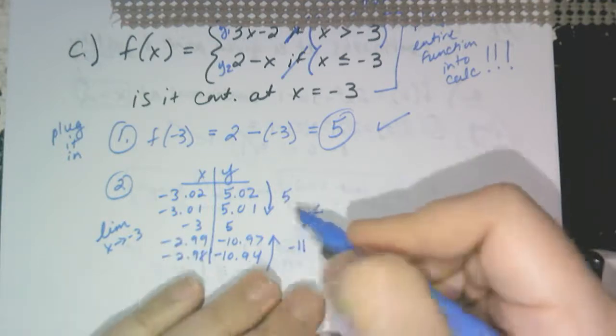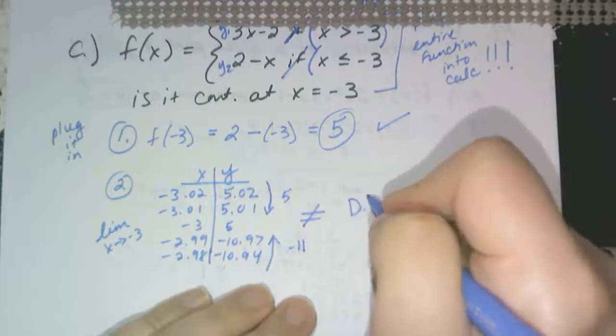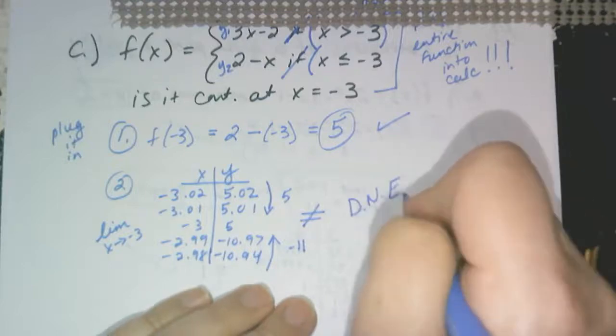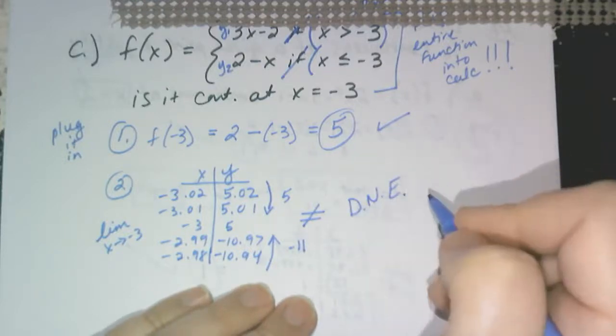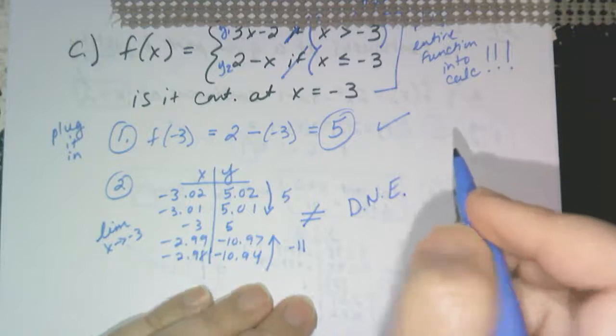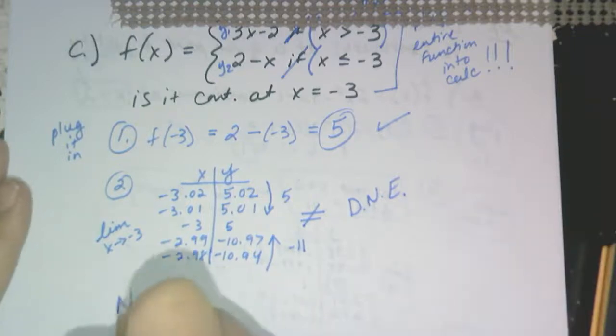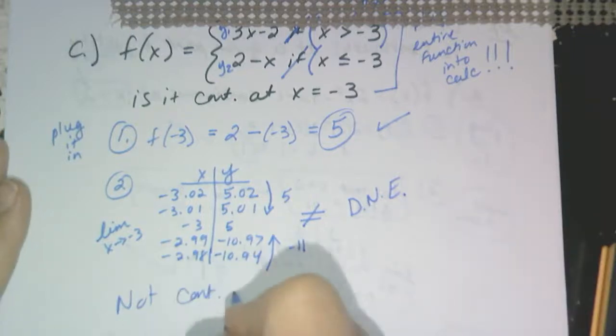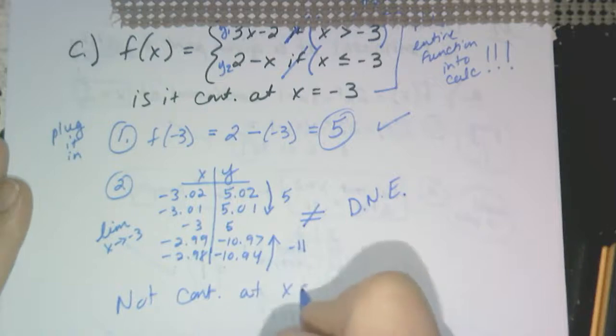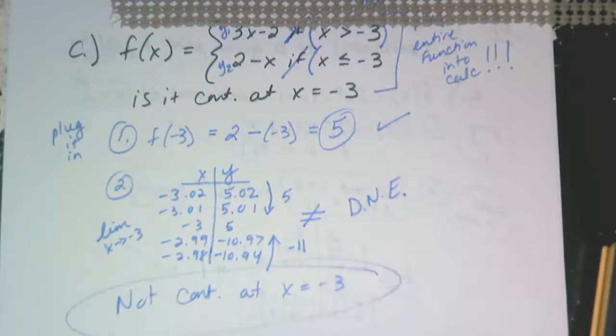Again, when that happens, that means the limit does not exist. So guess what your final answer is? Not continuous at x equals -3. It's continuous elsewhere, but not at x equals -3. Okay? So I've just given you 3 examples.